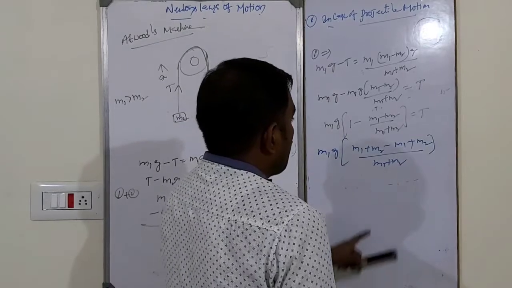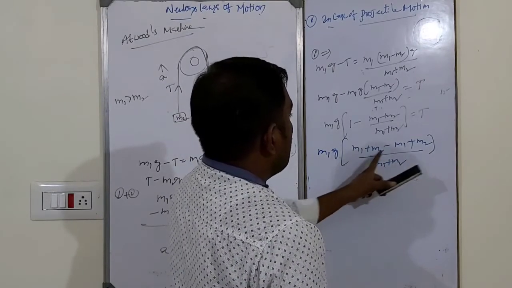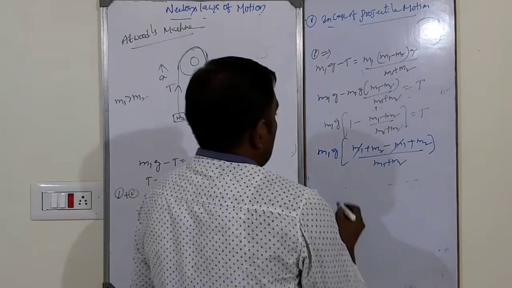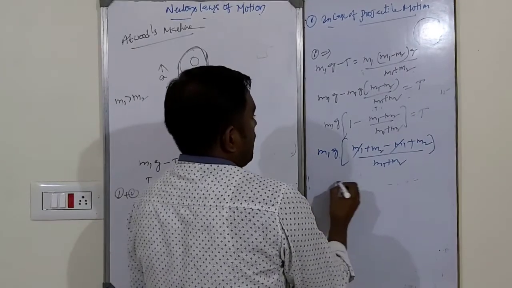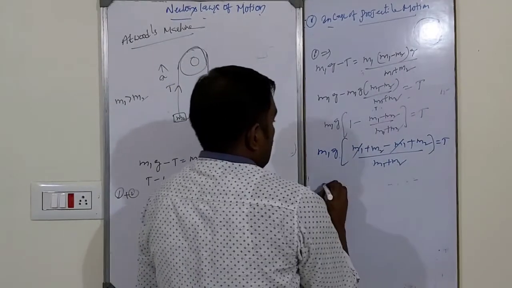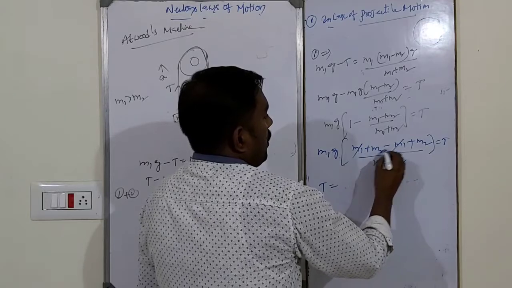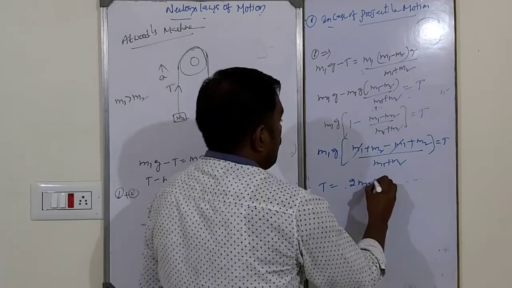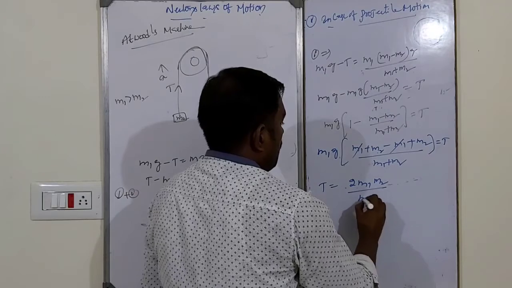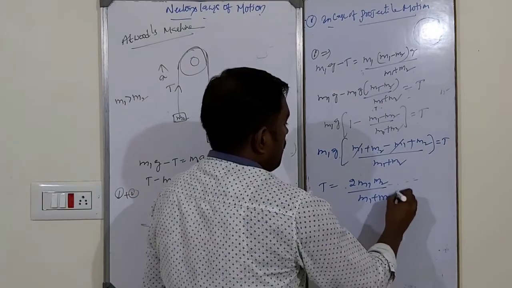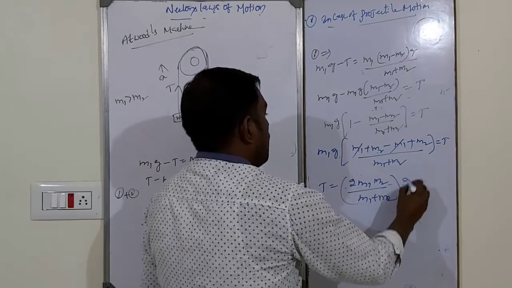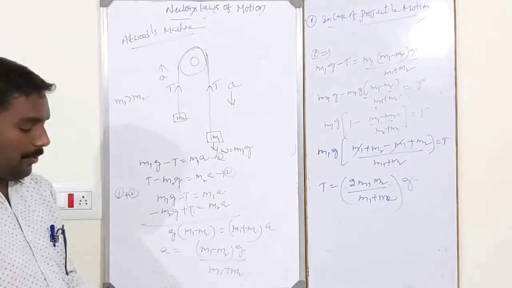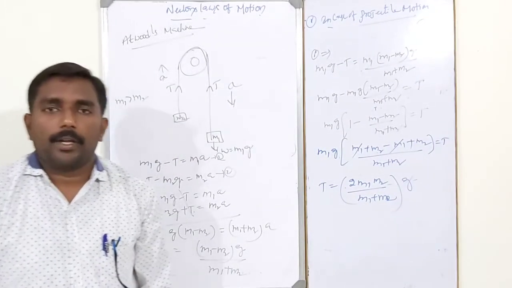Minus M1 and plus M1 get cancelled out. So finally, tension is equal to 2 M1 M2 G by M1 plus M2. This is the tension in the thread. This is very important. Okay, students? Thank you.